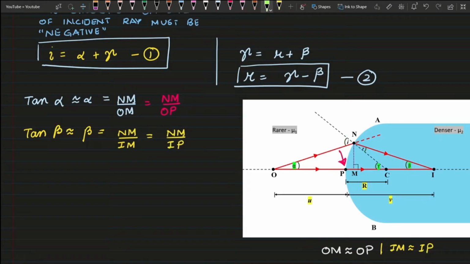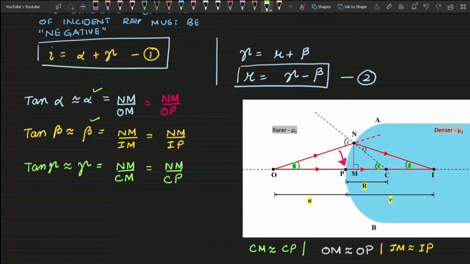Now I will take the third angle, which is angle gamma. So tan gamma will be approximately equal to gamma. In the triangle NMC, the perpendicular is NM and base is CM. Now my CM will be approximately equal to CP, the same assumption. So NM I will write as it is, and in place of CM I will write CP. So I have found the values of alpha, beta and gamma.